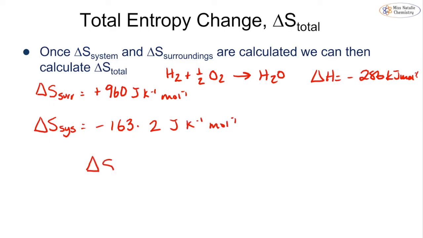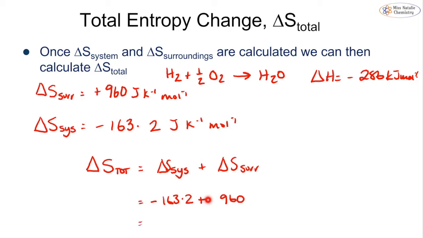And our total entropy is equal to the entropy of the system plus the entropy of the surroundings. So then I substitute my numbers in, and I get minus 163.2 plus 960, and my total entropy is therefore plus 796.8 joules per Kelvin per mole.